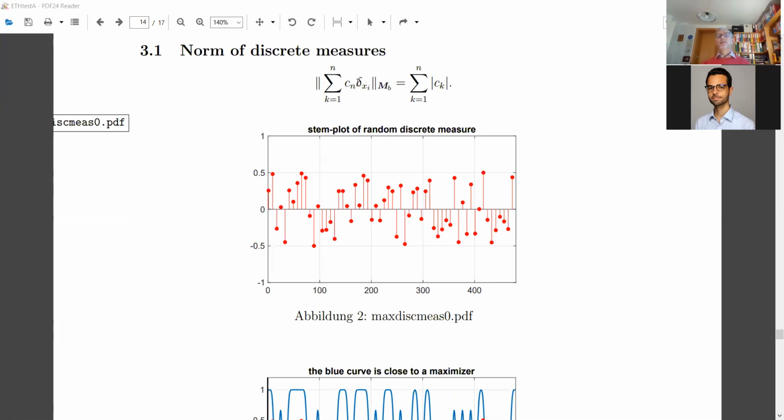So this is the inequality. Less than or equal is just the triangle inequality plus what you know about Dirac measures. On the other hand, now the question is, well, maybe somebody is smart enough to find a constant which is smaller than this constant. So maybe this is not the best constant.